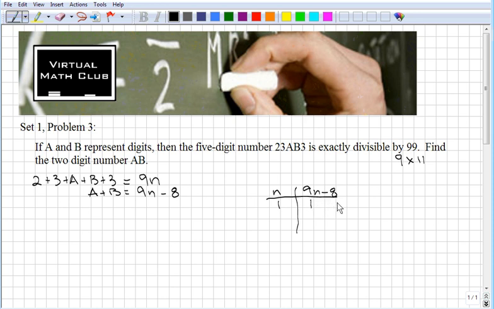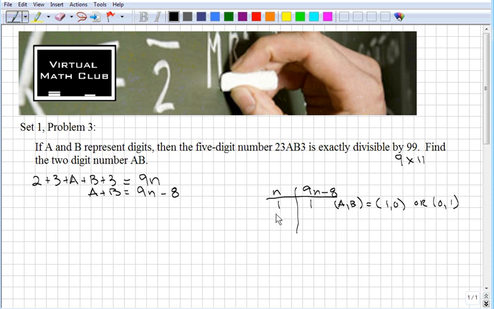And there's a limited number of possibilities of a and b that could give us a sum of 1. If we write them as an ordered pair, they could be 1 and 0, or 0 and 1, right? Those are really the only two possibilities that would give us the sum of the digits equal to 1.